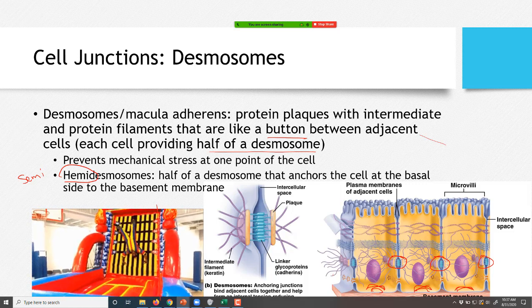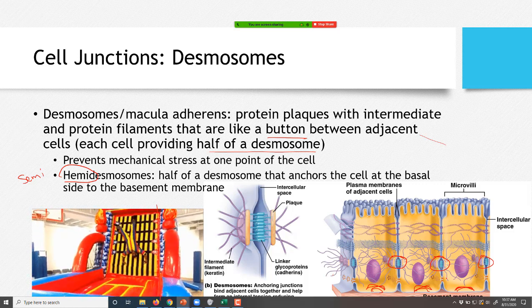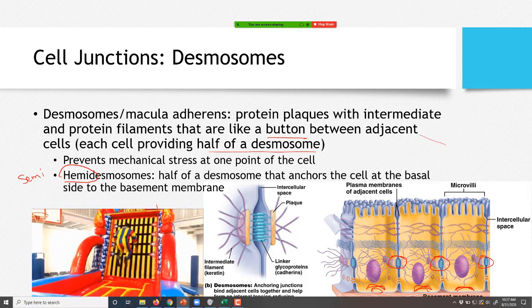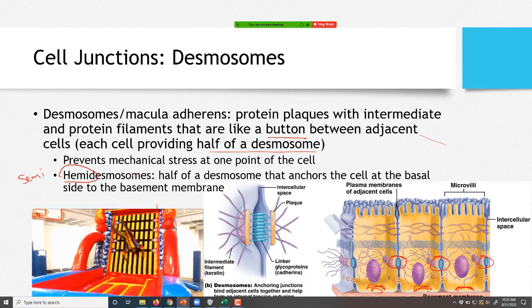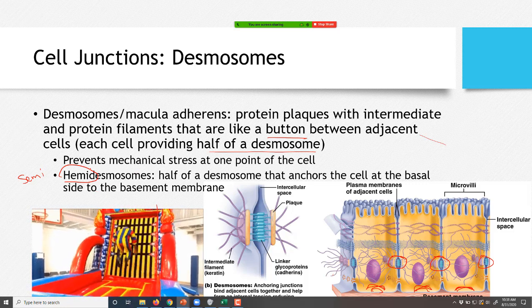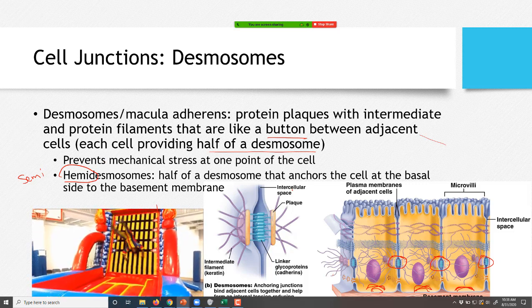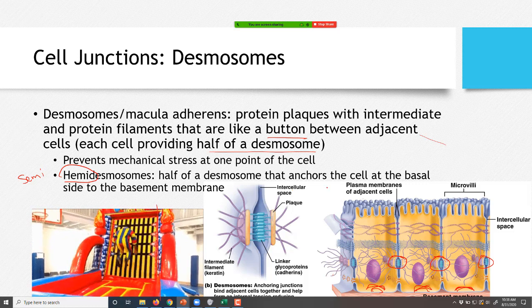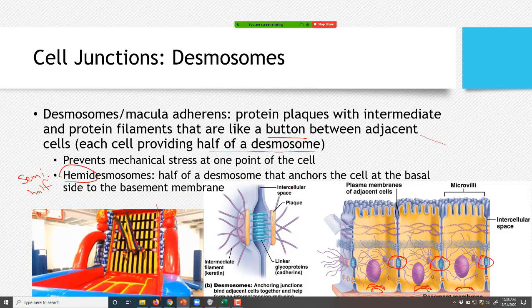And this hemidesmosome is to prevent the epithelial layer from being torn away from the connective tissue. So it helps anchor it on the basement membrane. So once again, this is to prevent mechanical stress from ripping them apart from each other. Semi or half.